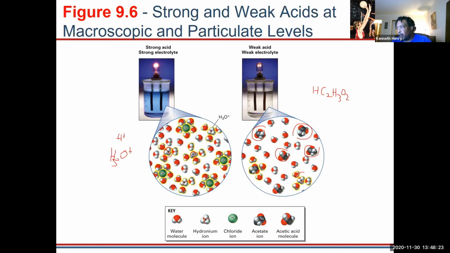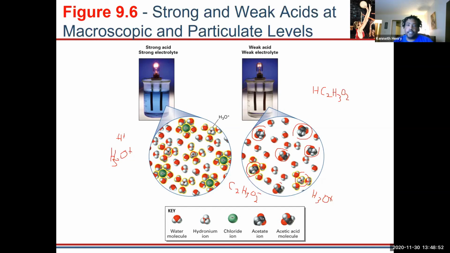So you have one hydronium ion here, that's your H3O plus. And then this here's your acetate, C2H3O2 minus, where you have the majority of your species.